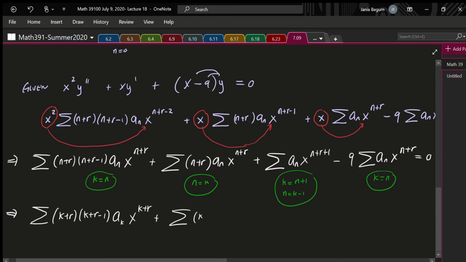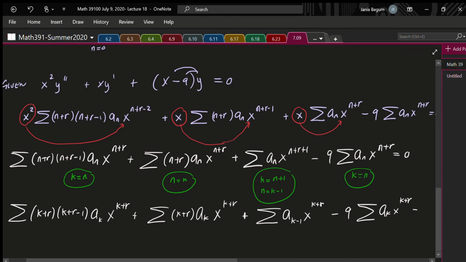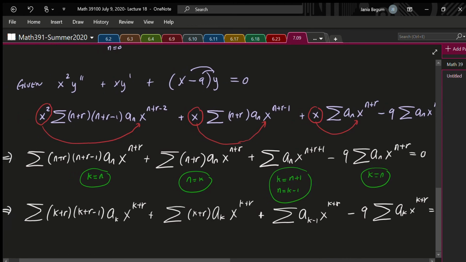So we just have k plus r, a sub k, x to the k plus r. The third one we're going to have to change a little bit. So we have plus the sum a sub k minus 1, x to the k plus r, minus 9 times the summation a sub k, x to the k plus r equals 0. Okay, so not so bad.